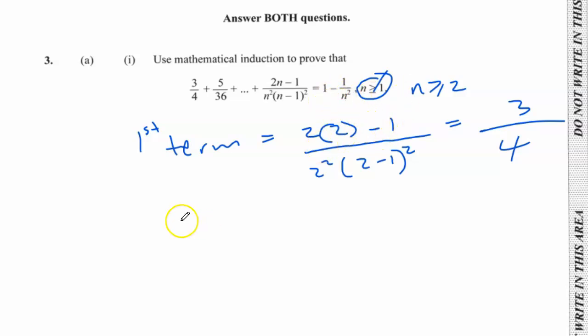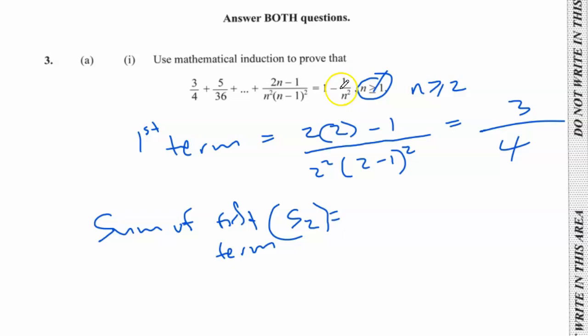And the sum of the first term is actually S2. So in the summation we replace n with 2.